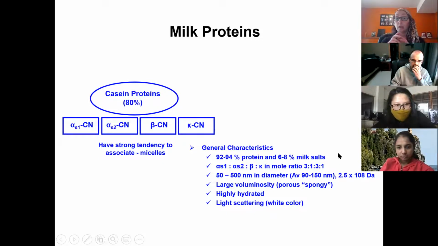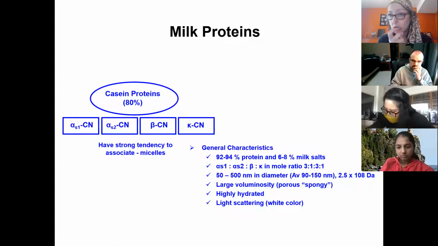However, again, different variants or types of milk might have higher kappa casein content than others, for example, and the kappa casein is directly related to the size of the micelle. The higher the kappa casein concentration, the smaller the micelle, because it's going to be mostly on the surface of the micelle.